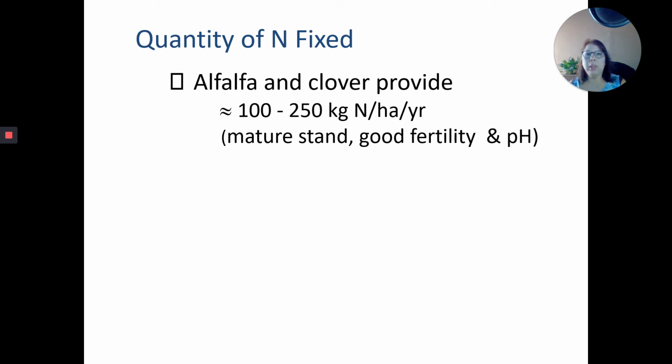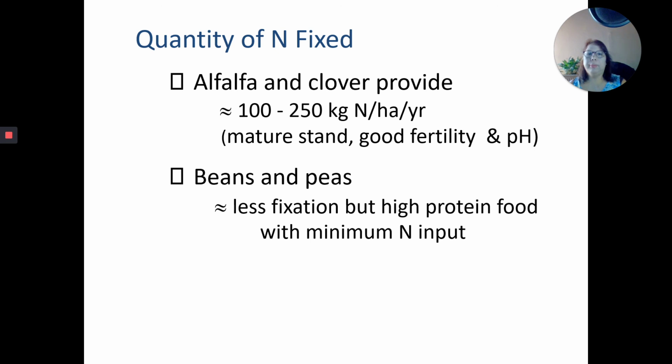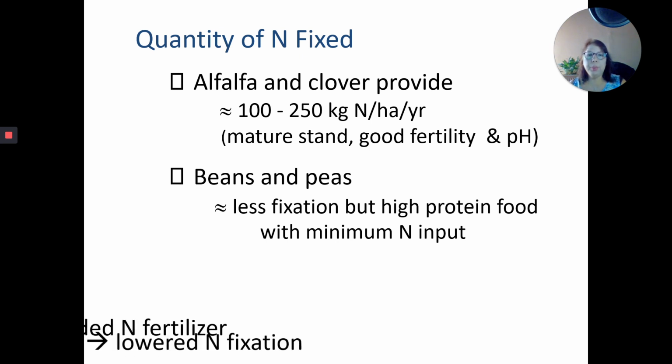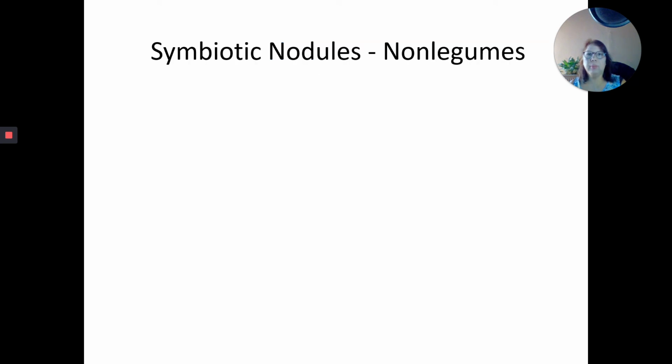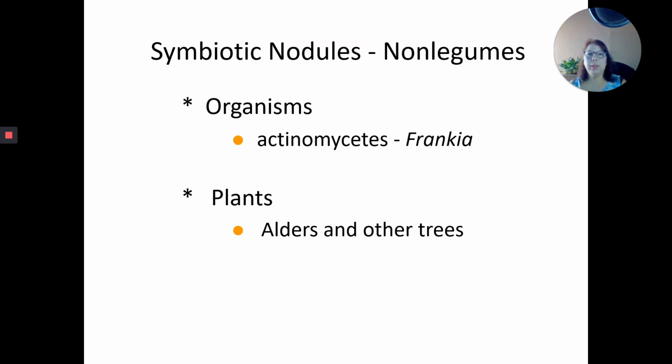This is the basic guide that organic farmers use. Beans and peanuts are rarely used, but they also help in the input of nitrogen. We have discussed this already.